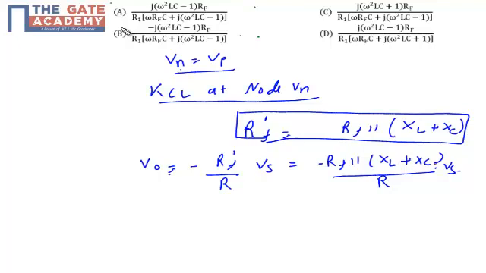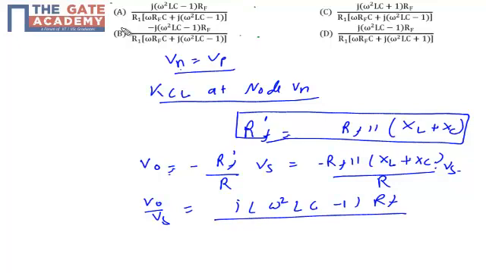Now if I find V0 by Vs here, simplifying this network, it will be j omega square LC minus 1 into RF upon omega RFC plus j omega square LC minus 1.